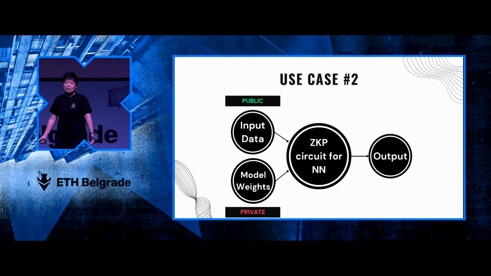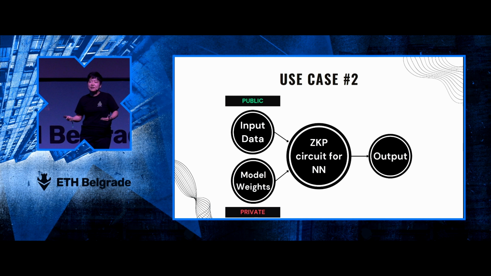Actually, a lot of Web 2 companies probably are not willing to share the model. For example, OpenAI has publicly said that they're not open sourcing their models because of a lot of different ethical concerns, security concerns. So this use case could actually be helpful to bring Web 2 models or Web 2 use cases onto the blockchain.